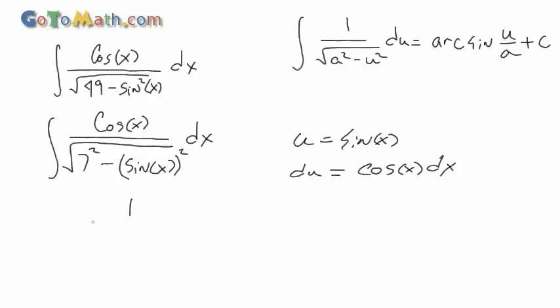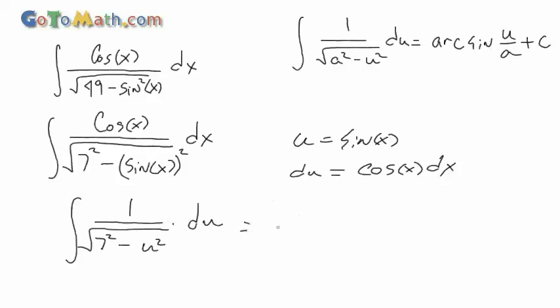I like to write a 1 up here on top, with the du over here. Down here we have 7 squared minus u squared. Well, there it is. Doesn't that look like that? It looks like that to me.